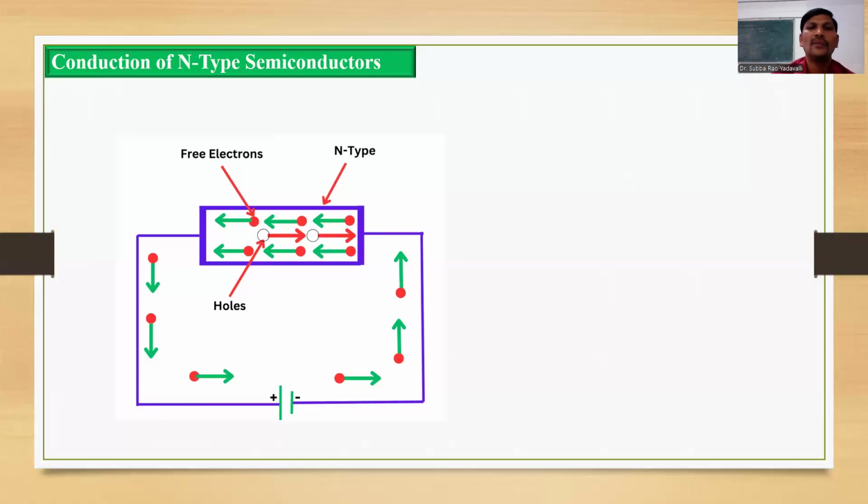That means electrons move in one direction and holes in the opposite direction. This is the mobility of holes in the opposite direction.